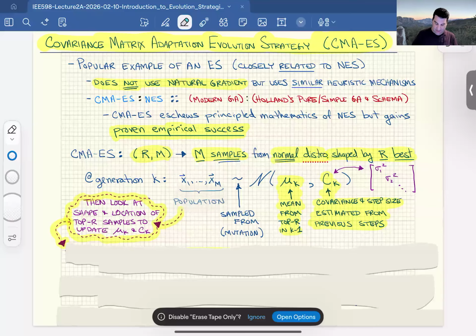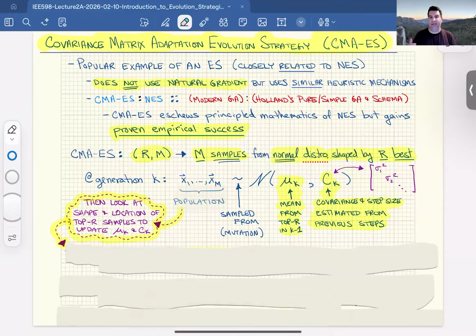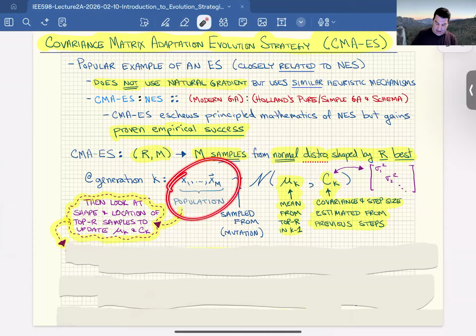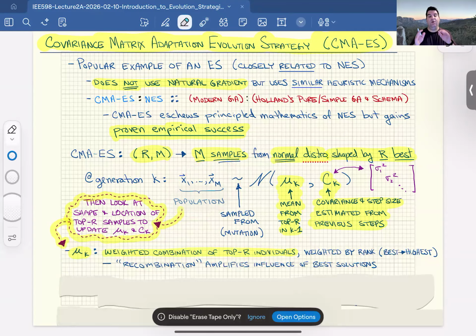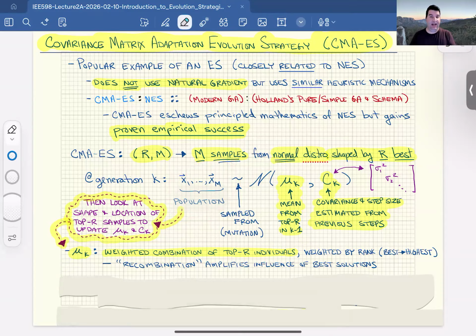Okay, so we sample those points, and then we're going to look at the shape and location of the top R points, the top R samples in this population. I'll show a little example of this in just a second. Then we're going to take a weighted combination of those top R individuals that are weighted by rank.